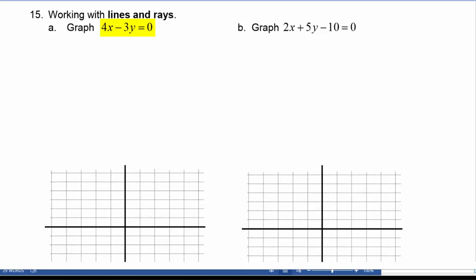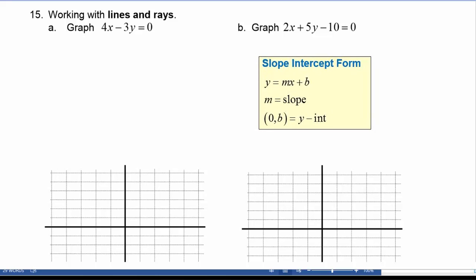One of the easiest ways to graph is to get a line into slope-intercept form, so we need to solve for the y. So we will subtract 4x from both sides. And now we have negative 3y is equal to negative 4x.